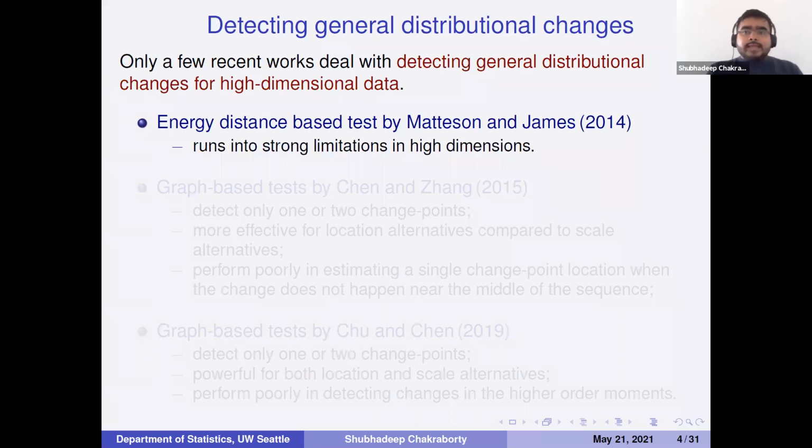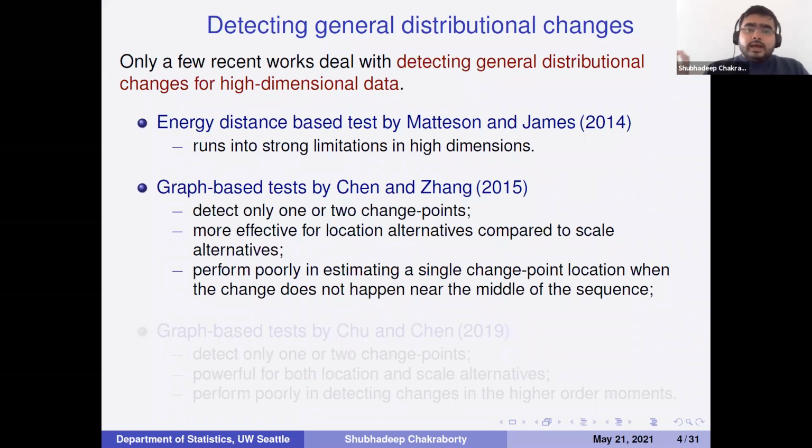And the third is that when the true change point is not anywhere near the middle of the sequence of data observed, it performs poorly, or it has low detection power in estimating the single change point location. As an improvement, Chu and Chen came up with a 2019 paper which improves these limitations to some extent.